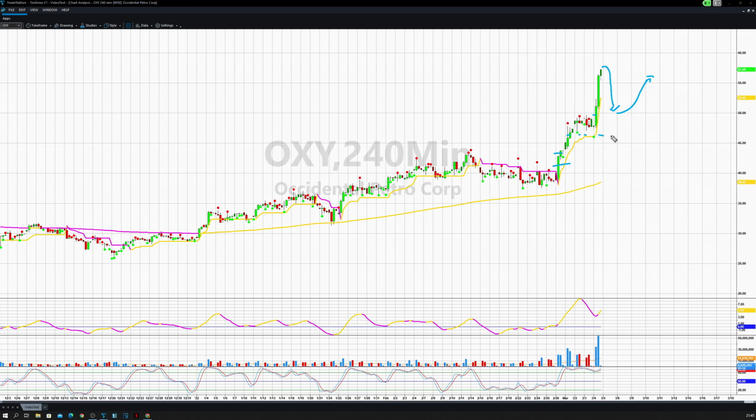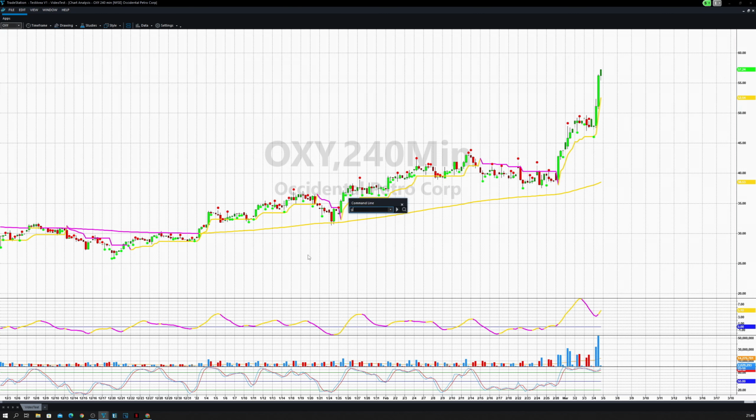The average price is someplace 45, 46 maybe. So be very careful. Don't just take it short. Careful with this because computers are in this game now. So this is with Oxy.